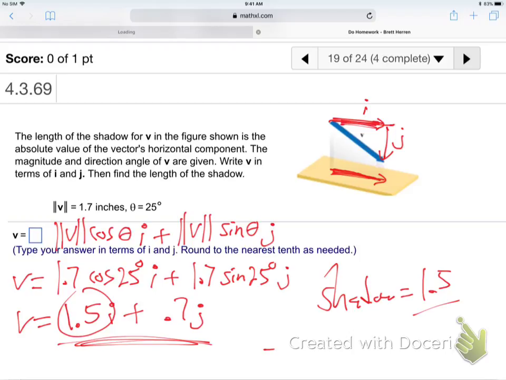Feet, inches, miles, what are we talking about here? Inches. 1.5 inches. Is that good? And that's what they said up there. It's just the vector's horizontal component. Now, do they want us to say the j is negative because it's going down?